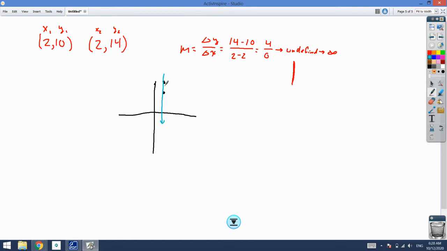The equation of that line is just x equals 2, because y could be anything, but x could just be equal to 2. So honestly, we're done there. We can't put it into point slope form because there is no slope. We can't put it into slope intercept form because once again there is no slope. But that's all we can really do.